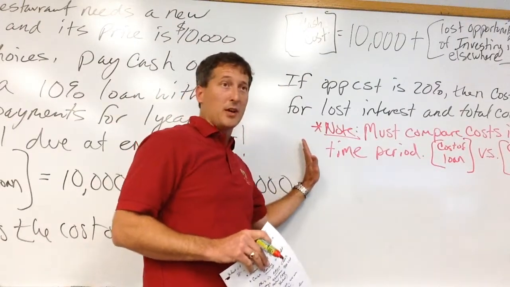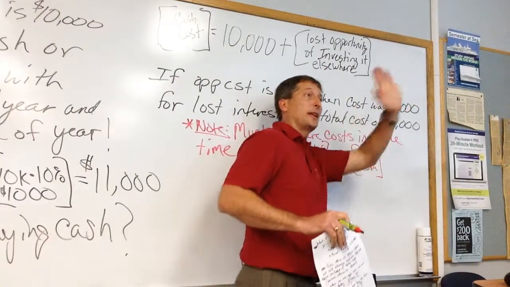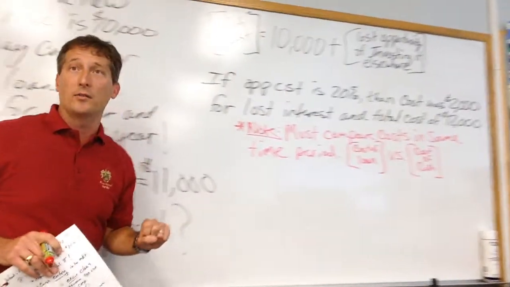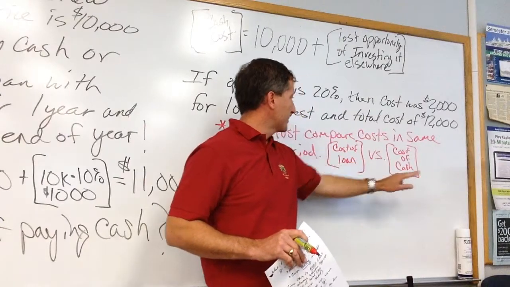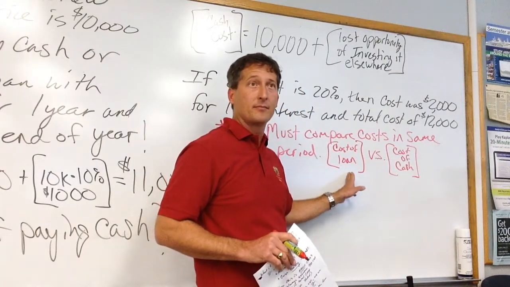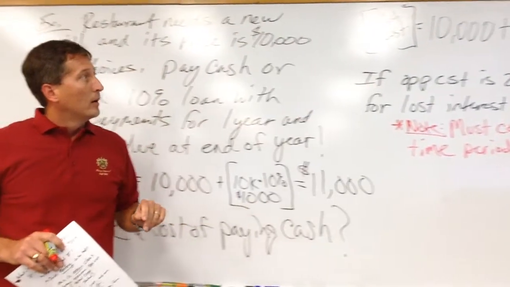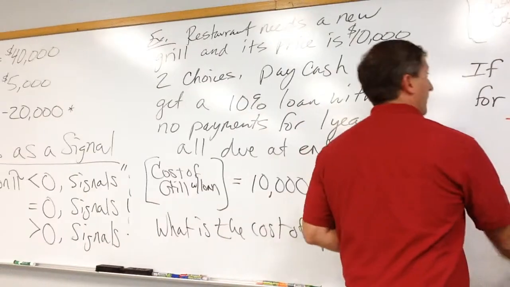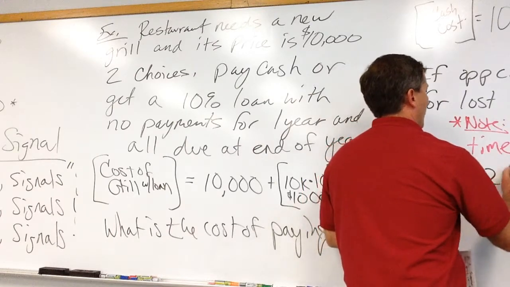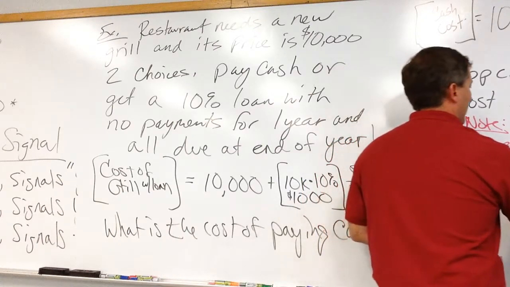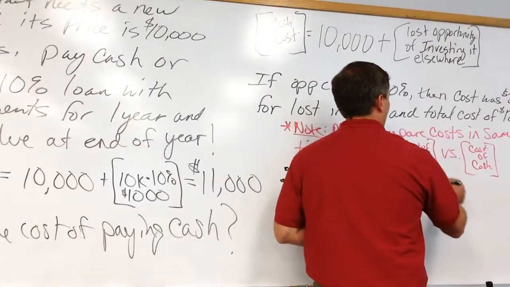We gave up the 10,000 in period 1, but in doing so we gave up the 2,000, effectively giving us a cost of 12. Now I make the decision: 12,000 is more costly than 11,000, so I should do the loan. Therefore 12,000 is greater than 11,000, so do the loan.